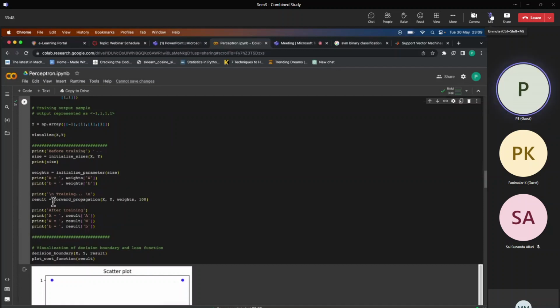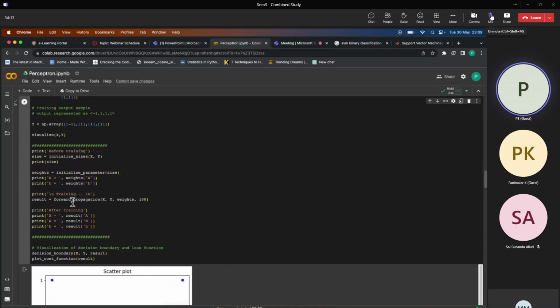Now what a neuron or a perceptron does is it will try to predict those points. Okay, and we'll have a hyperplane which will separate those points. Forward propagation is what we do even in a neural network, in a dense or any modern day neural network.